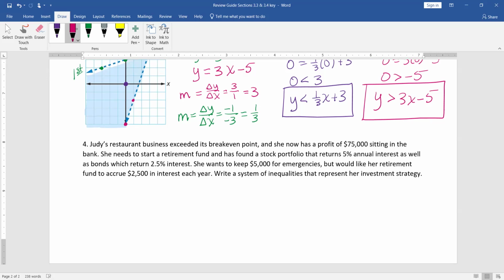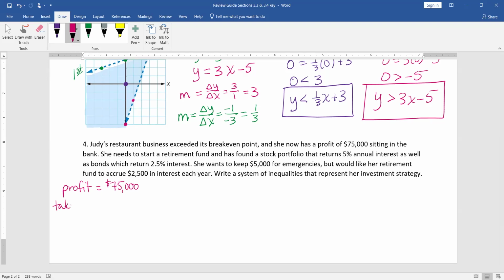Okay. So her total principal is $75,000. So that's our first inequality. We know that the amount that she puts into one, let's see, wait a minute, that's not true. She has a profit of 75,000. But she wants to keep 5,000 for emergencies.